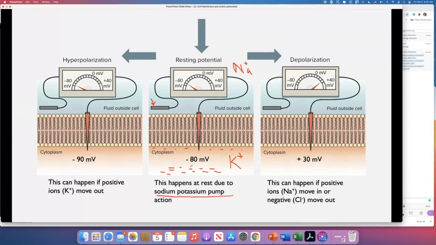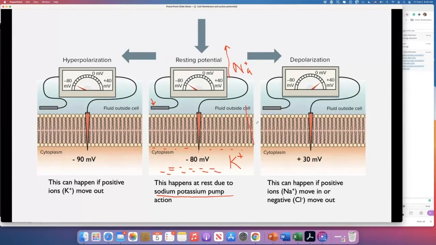Now, what happens if, for example, we open a sodium channel in this membrane? Since there is a difference in the concentration of sodium, there is a lot of sodium outside, a lot more than inside, and there are negative charges inside the cells.